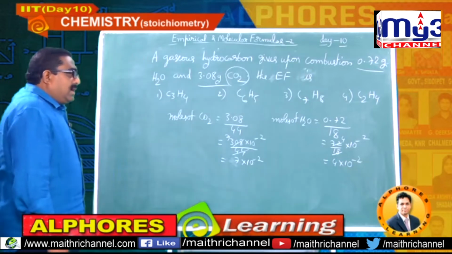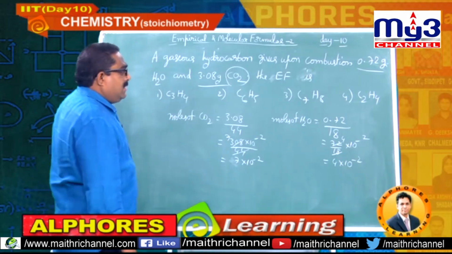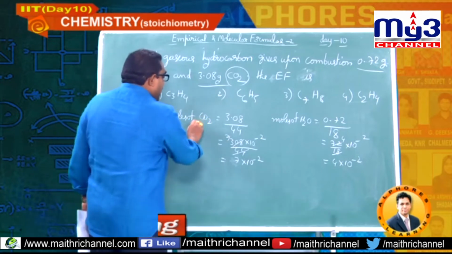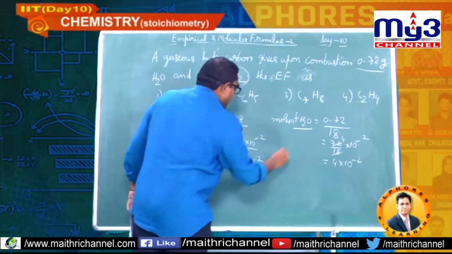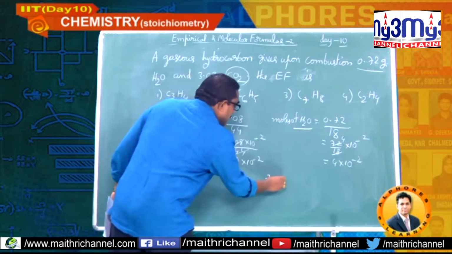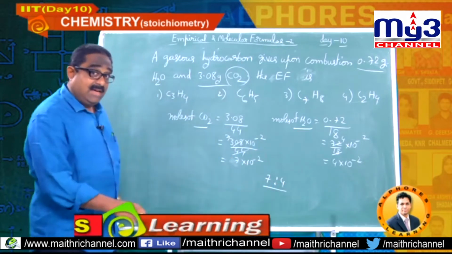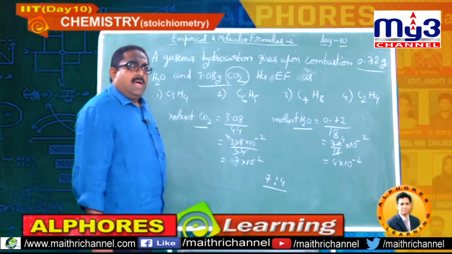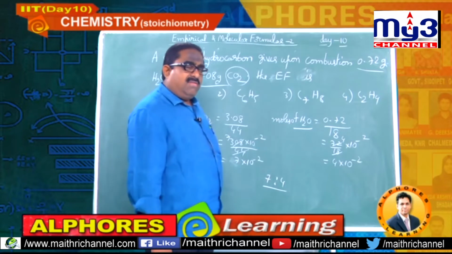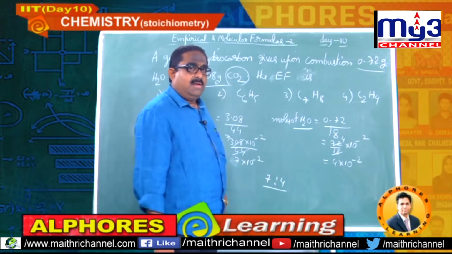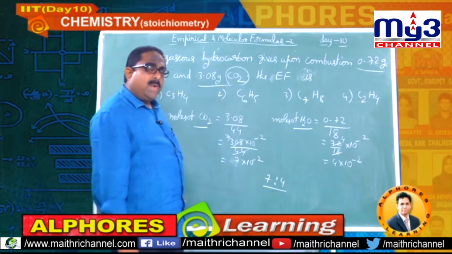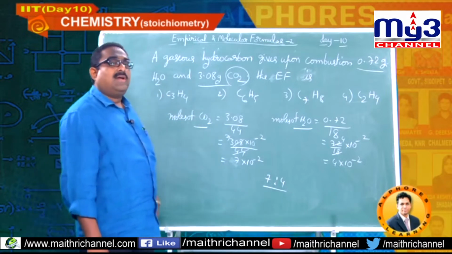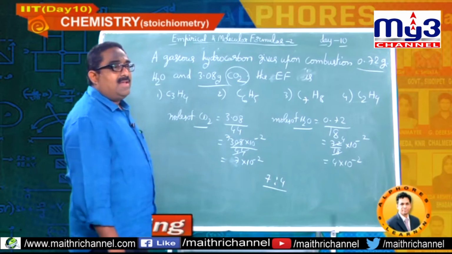So if you take the mole ratio of carbon dioxide and water, it is 7:4. In the previous session, I explained how to write the combustion reaction for a hydrocarbon.